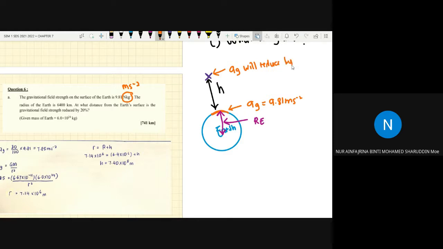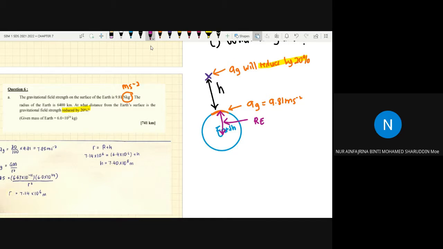Will reduce by 20%. Okay, now I wanted to ask you, kalau secara matematik, apa yang korang faham dengan will reduce by 20%? Dia tolak 20%. Very good. So everyone, apa yang Miss nak korang buat adalah korang highlight perkataan reduce by 20%. Okay, now for example, kita baru bangun tidur, kita ada 100% of energy.